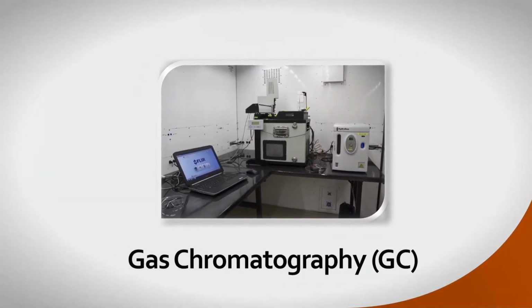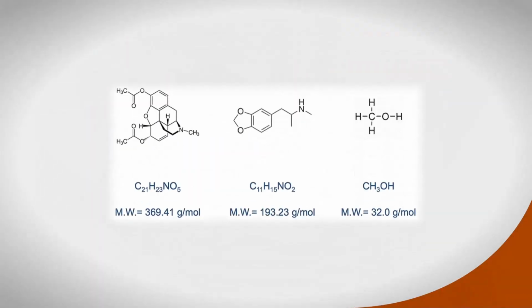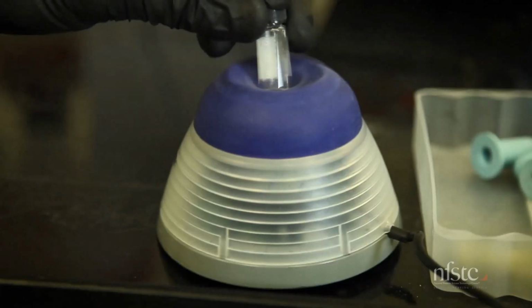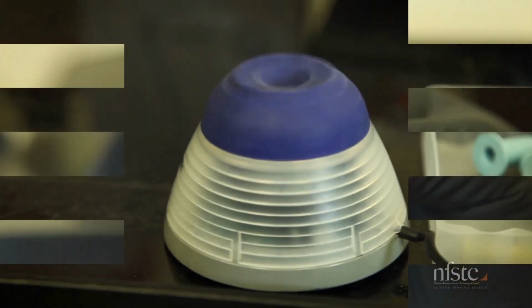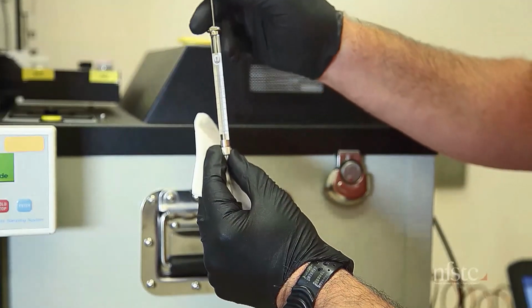Gas chromatography, or GC, is used in forensics to separate a sample into its individual chemical components, in some cases isolating all of the forensically relevant compounds from one another so that individual chemical identification can occur. The forensic scientist must first perform one of many sample preparation techniques available to make the sample suitable for GC chemical analysis.